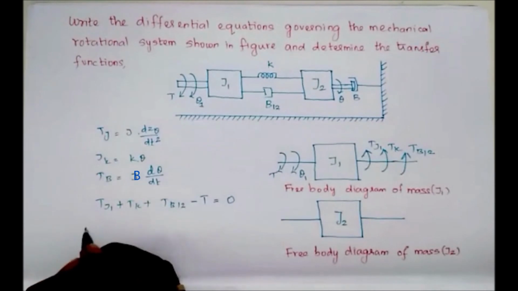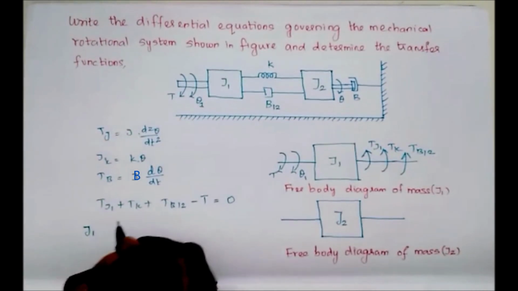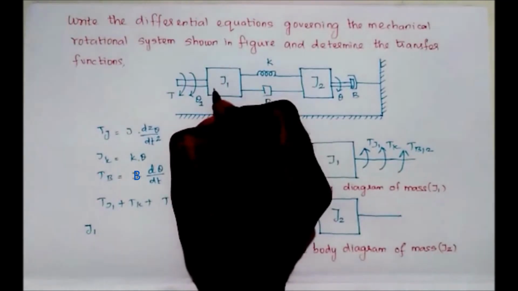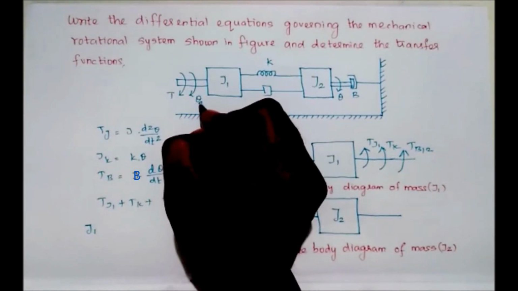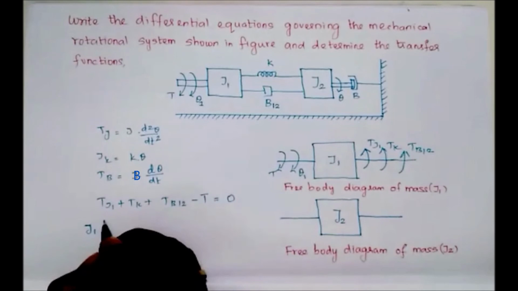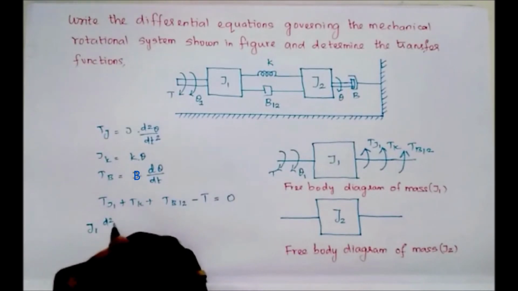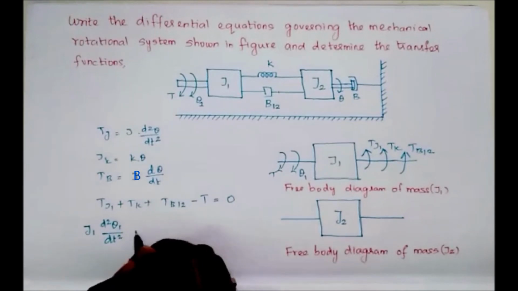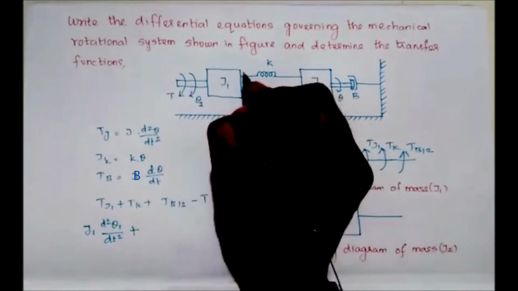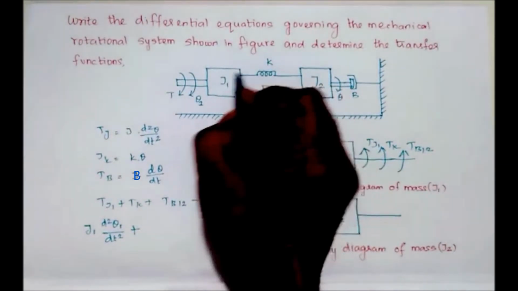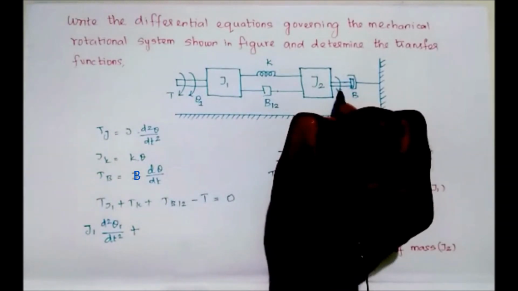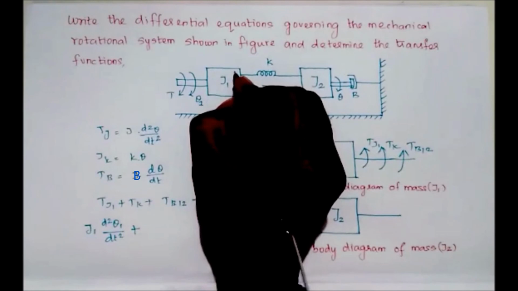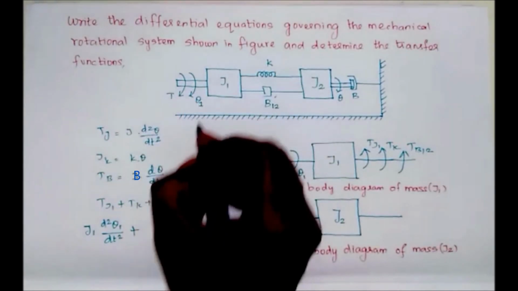So Tj1 equals J1 into, for this mass there is only one rotation, theta 1, so J1 d square theta 1 divided by dt square plus Tk. But for this spring element there are two end rotations. This end we have taken J1 as reference, therefore we first consider theta 1.